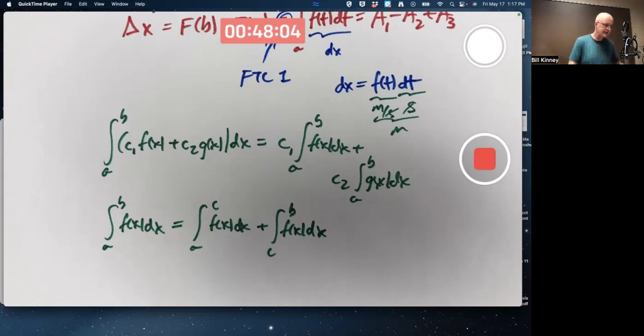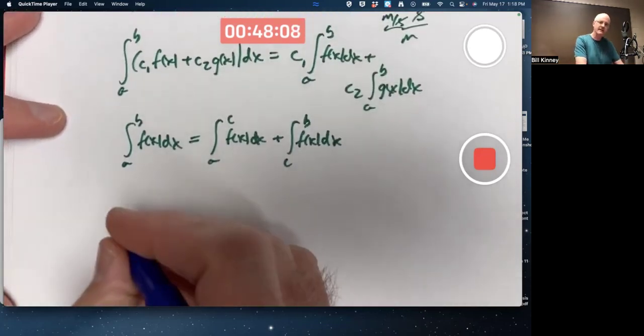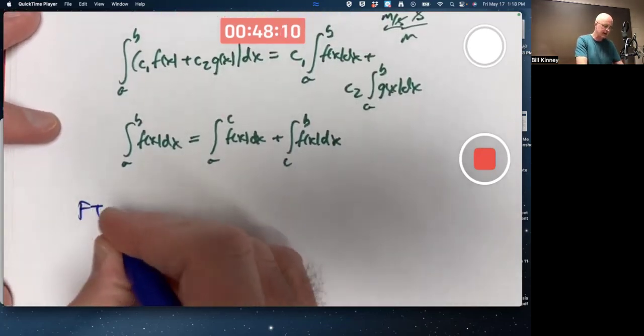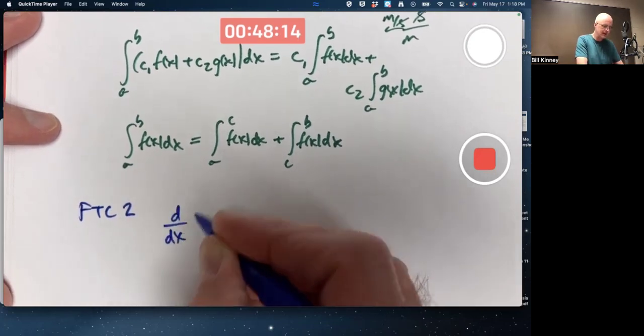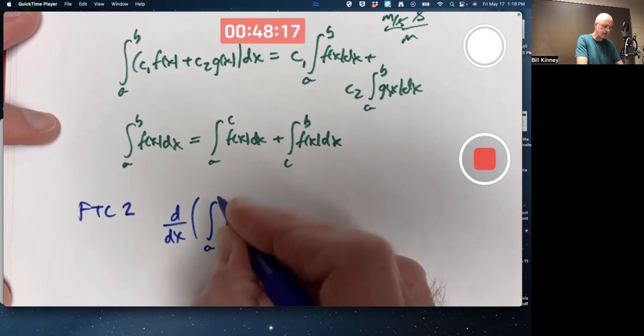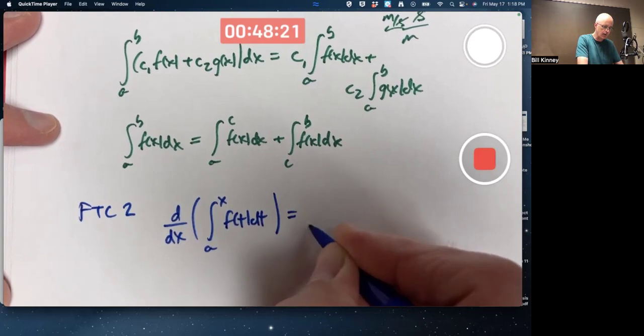So there's those properties. Coming into chapter 6, there's also the second fundamental theorem of calculus, FTC2, that tells you how to differentiate an integral. Here's one way to write it.